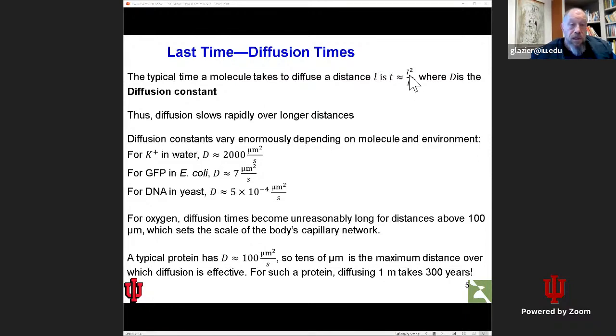So 10 to the 3 squared, 10 to the 6th microns squared, divided by 100: 10 to the 6th over 10 to the 2, 10 to the 4 seconds. So that's a long time. If you think about a human lifetime, you don't want it to take a whole lifetime for a molecule to go from the nucleus of the cell to the outside of the cell. It tells you something about why cells are the size they are.